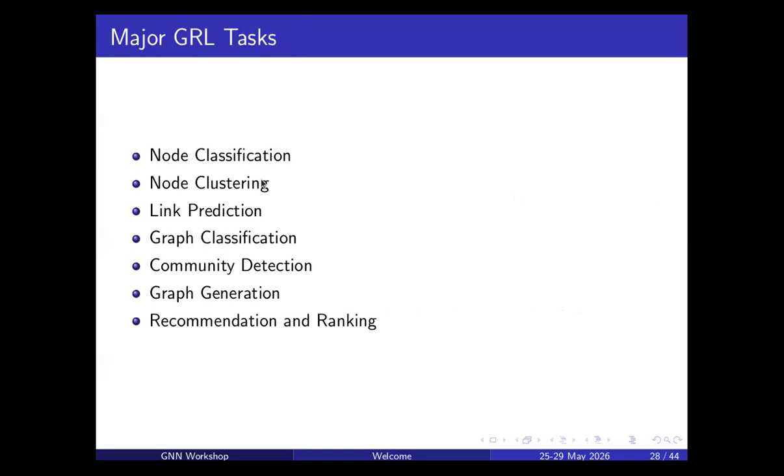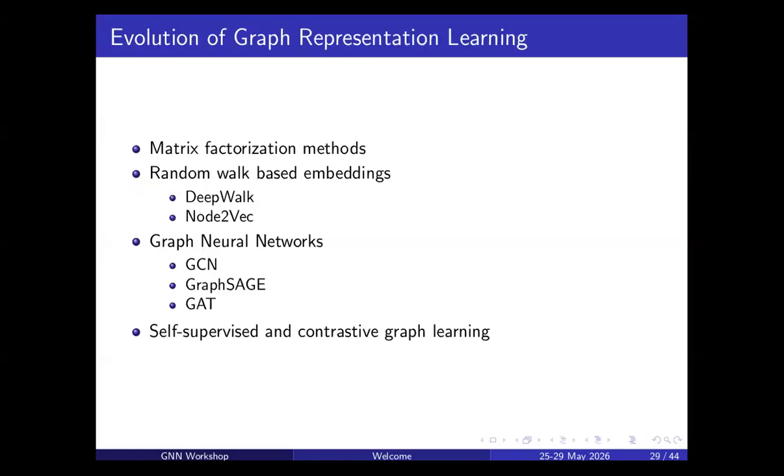Or it can be node clustering, link prediction, graph classification, or identifying some subgraph, community detection, graph generation. Given a set of relations, you want to generate similar graphs, or some recommendations, link prediction, or a ranking of different entities. So you can find many such applications within GRL.